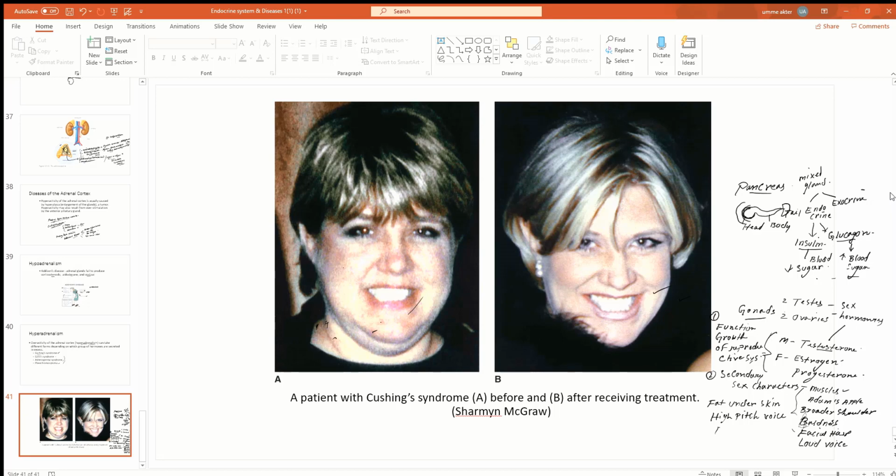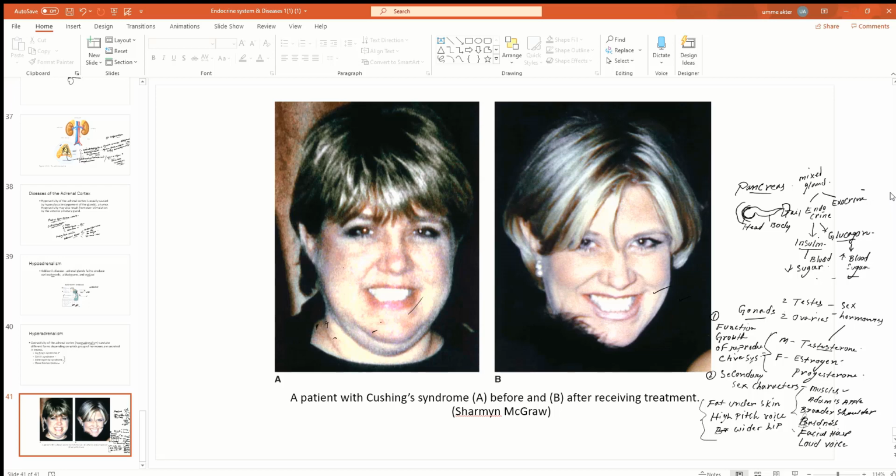Broader hip or wider hip, right? Mammary gland or female breast. So all those are the features that separate a male from a female. Those are called secondary sex characteristics. So those are also given by sex hormones.